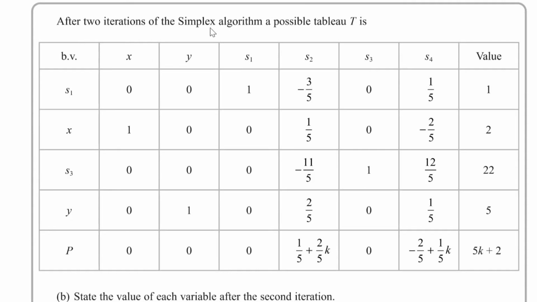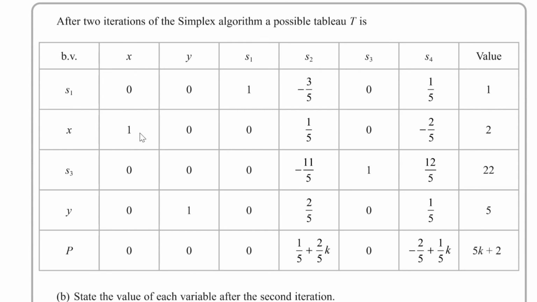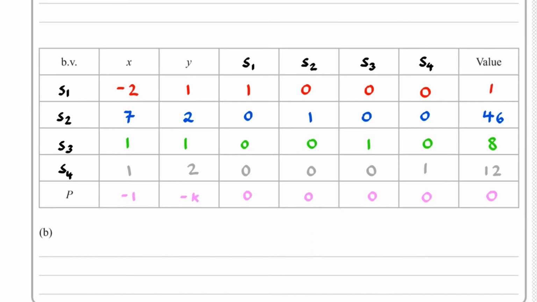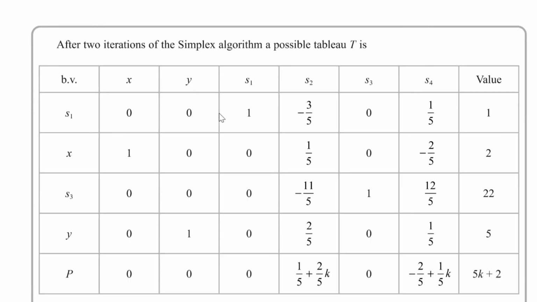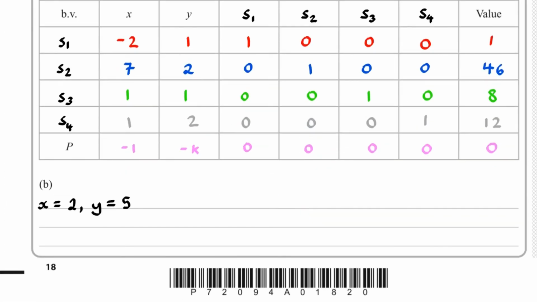After 2 iterations of the simplex algorithm, a possible tableau T is shown here. What we have to do is state the value of each variable after the second iteration. Well, what we see for x here is equal to 2. So we have x equals 2. y is equal to 5.